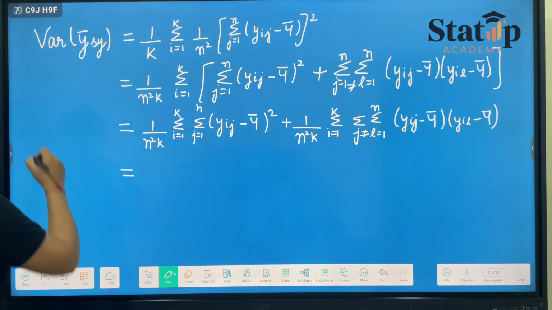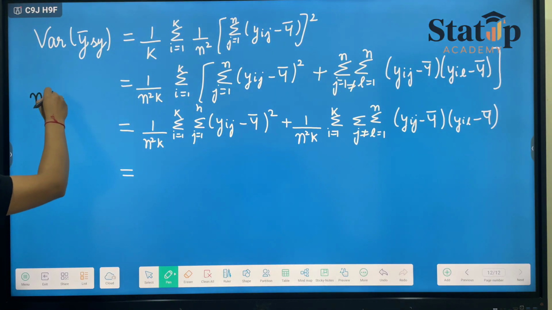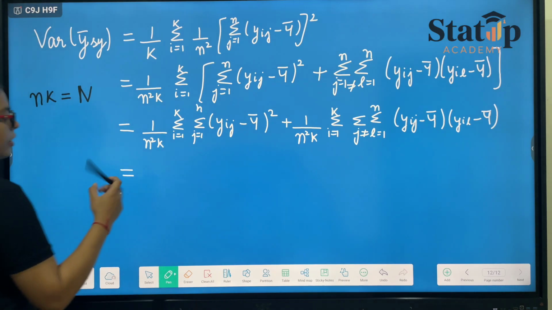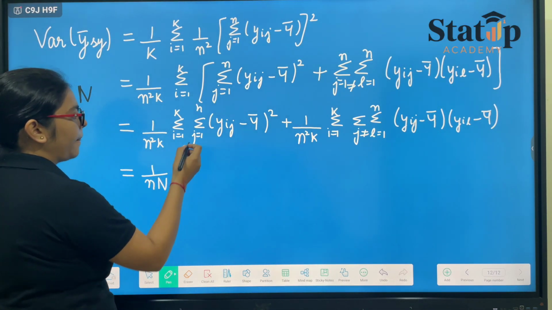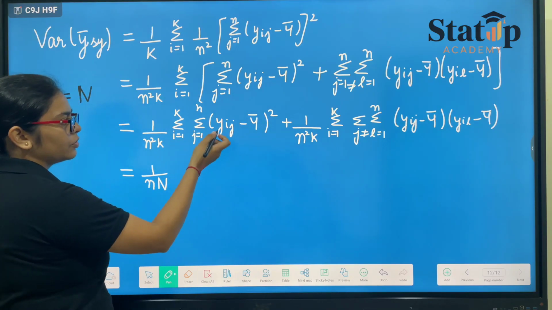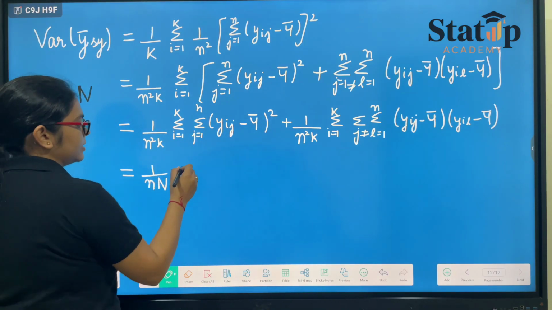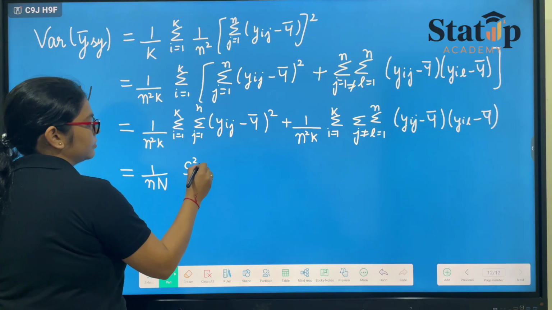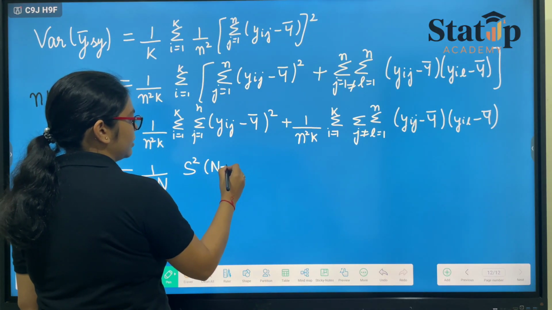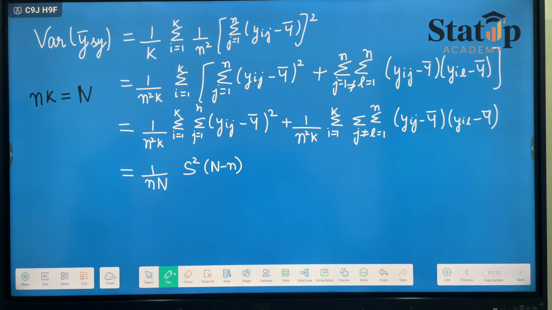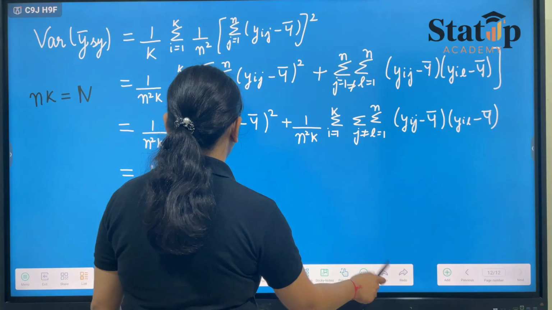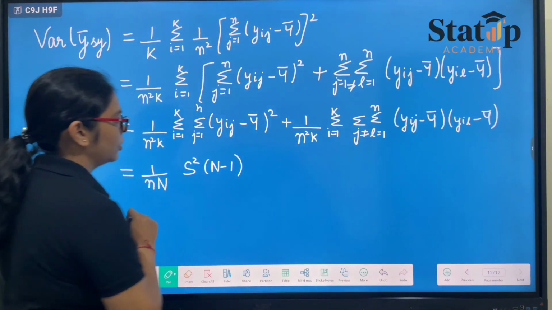Okay, so one more thing, as nk is the total population here, we can write it as 1 upon n capital N, summation i goes from 1 to k and j goes from 1 to n, (yij minus y bar) square, which is nothing but S square into (N minus 1).